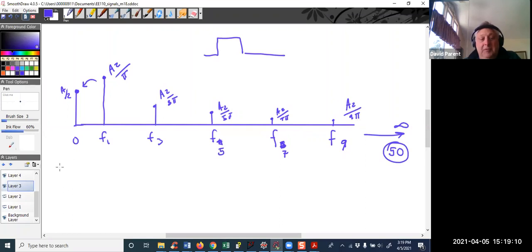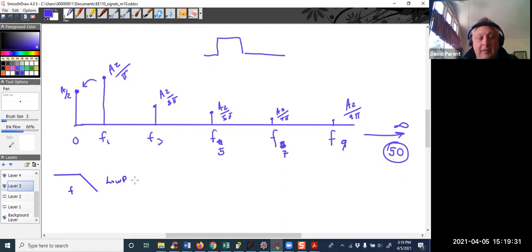So let's just review our filter shapes, and we'll do an abstract sketch. Since it's a filter, it's the Bode plot kind of assumption, with frequency on the axis.